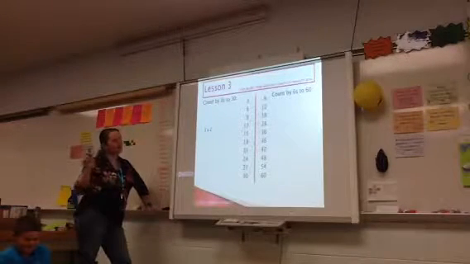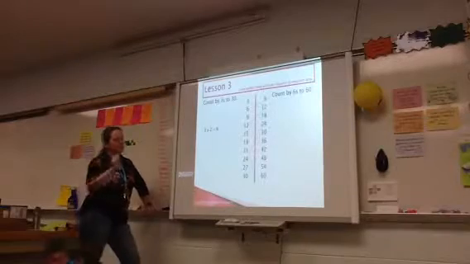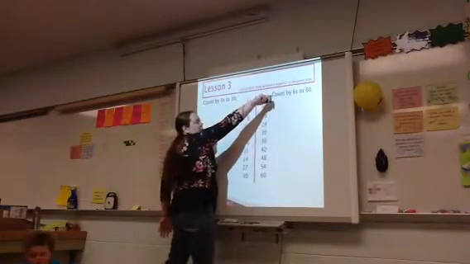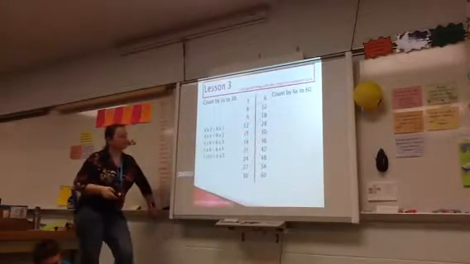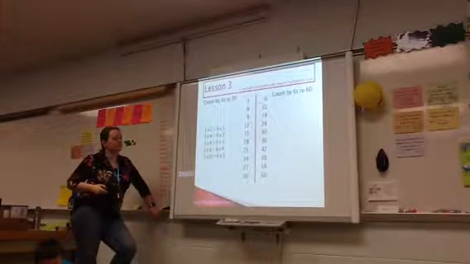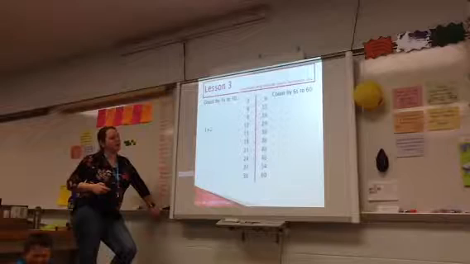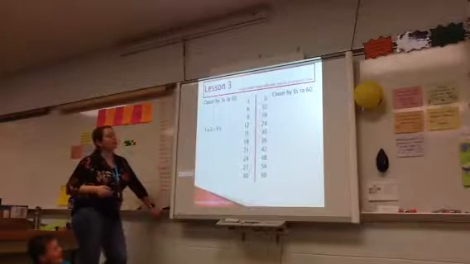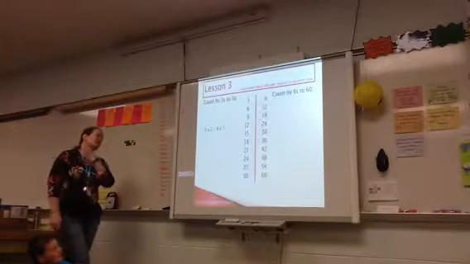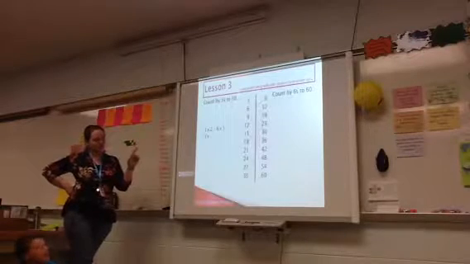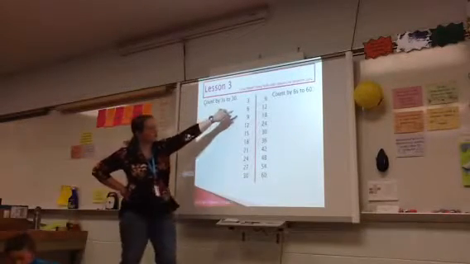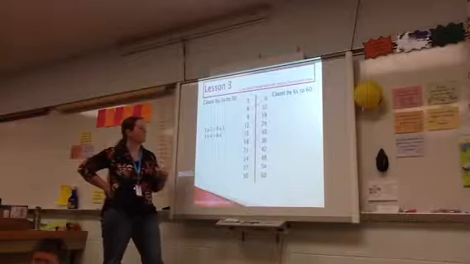So 3 times 2 equals 6 times 1. Oops, I didn't mean to go that fast. There we go. 3 times 2 equals 6 times 1 equals 6. Then 3 times 4, so we're skipping over this one. 3 times 4 equals 6 times 2.